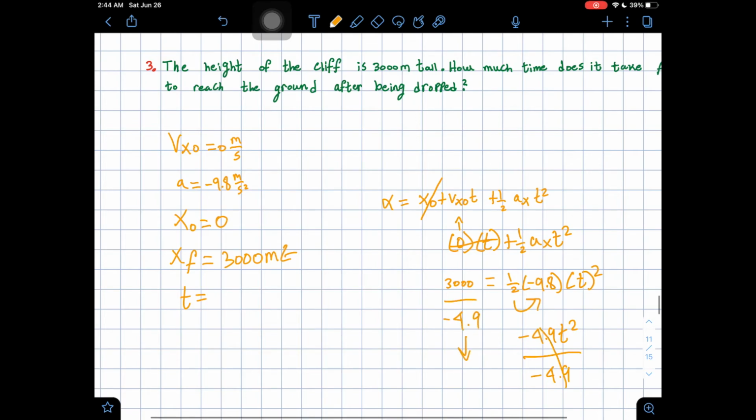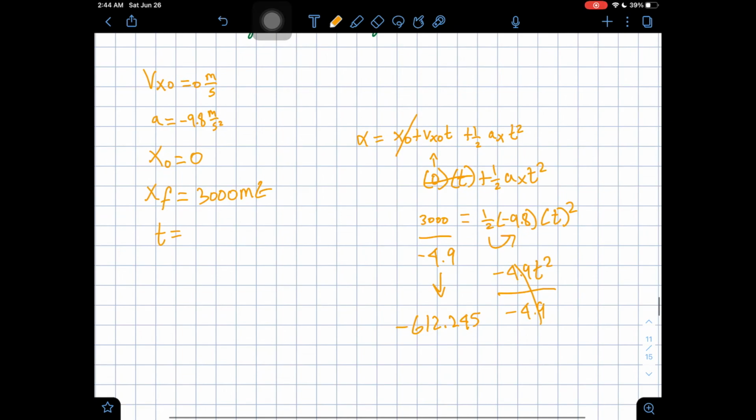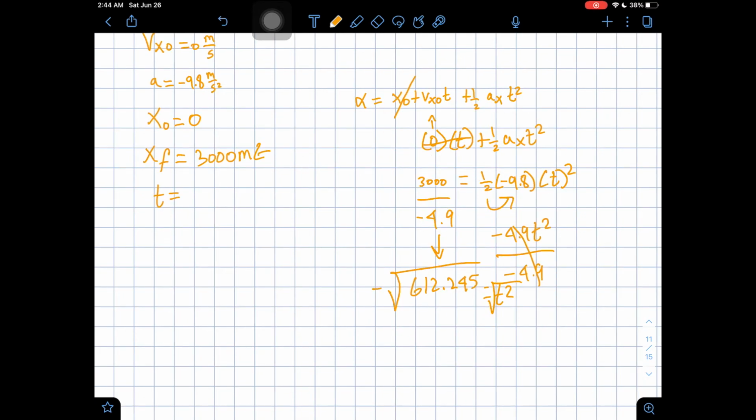It gives us an approximate total of negative 612.245. And now we're going to take the square root of both sides, because it's equal to t squared. And the square root of 612.245 is approximately 24.736. And this is negative.